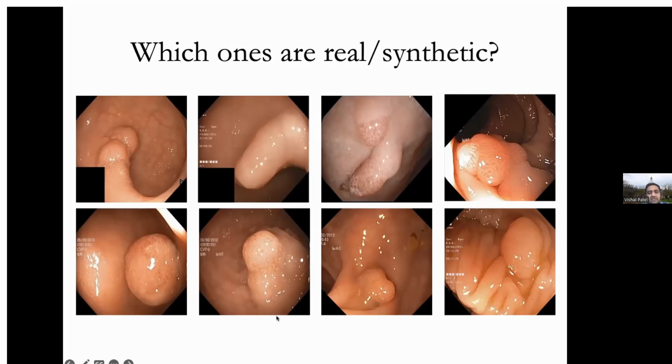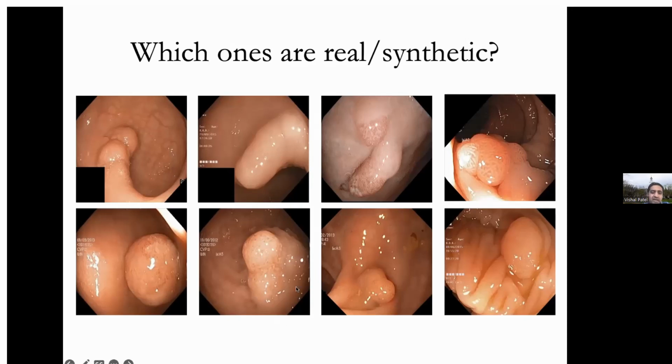So what we have done is, these are the images from a data set that has images inside the GI tract. And essentially, we've trained a diffusion model with only 30 images. So the data set has only 30 images. And then we've trained a diffusion model, and then we've also synthesized some synthetic images. So in this slide, I have a collection of both real and synthetic images.